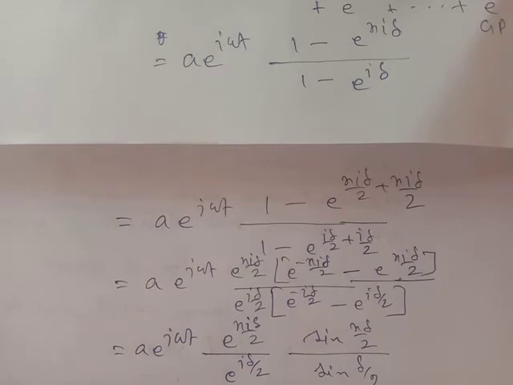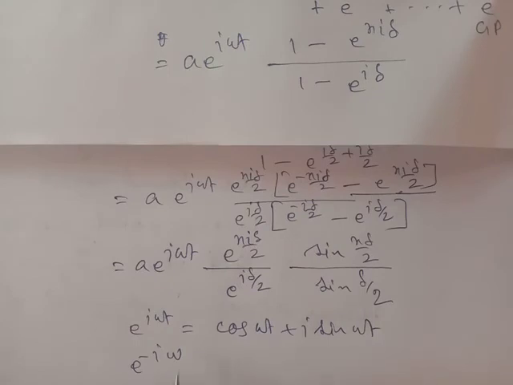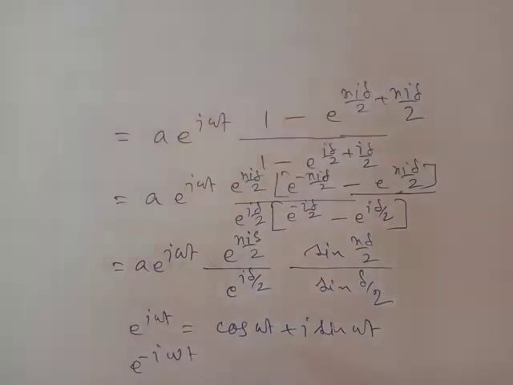So how does it come? You know e to the power i omega t is equal to cos omega t plus i sine omega t, or e to the power minus i omega t is equal to cos omega t minus i sine omega t.